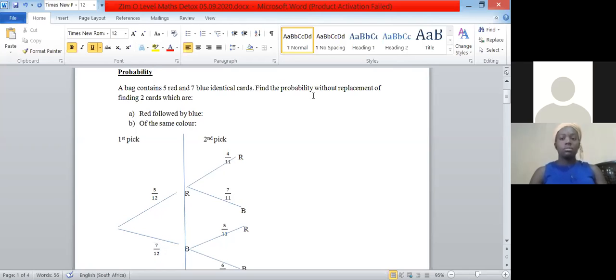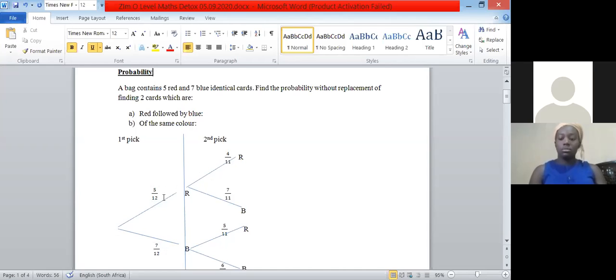And then it is said without what? Replacement. That means when a card is taken out, it is not put back. So after the first pick, assuming you have picked a red one, you put it aside. The total number of cards is no longer 12, but is now 11.